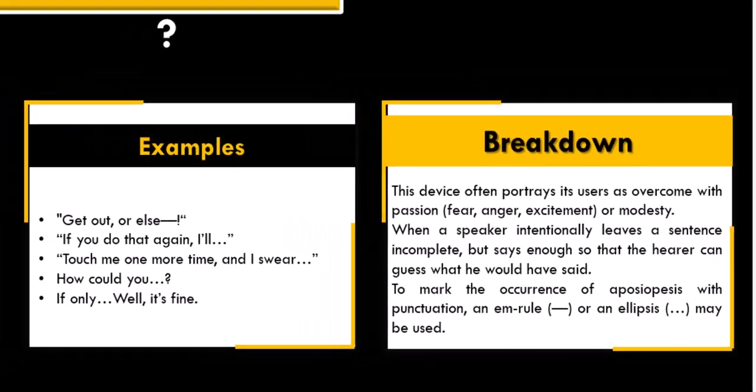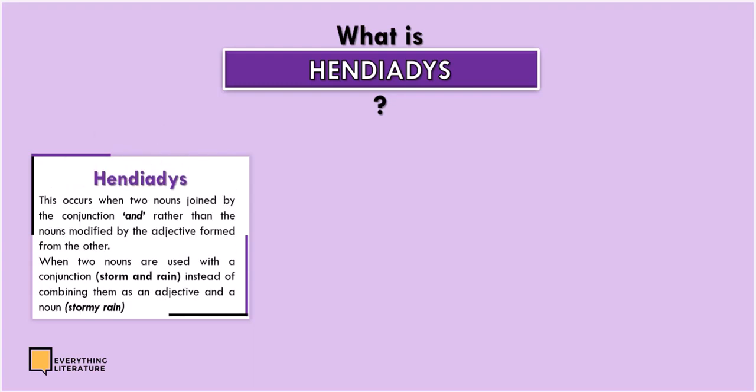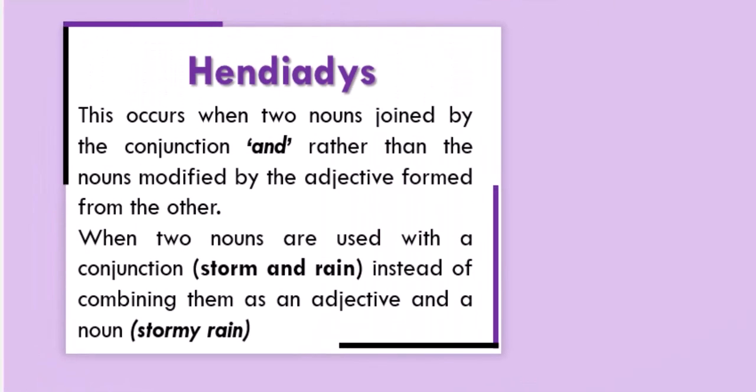What is hendiadys? This occurs when two nouns are joined by the conjunction "and" rather than the noun being modified by an adjective formed from the other. I know the definitions can be quite tricky. Understanding it by examples will do the magic.